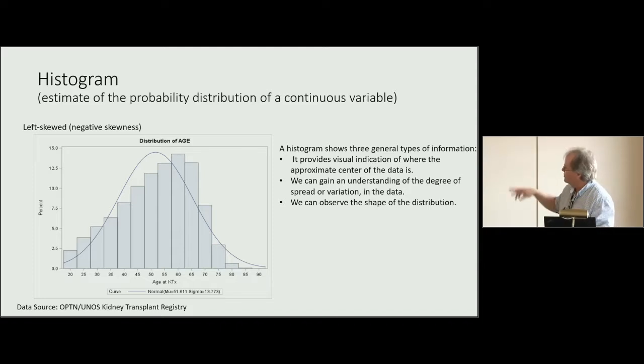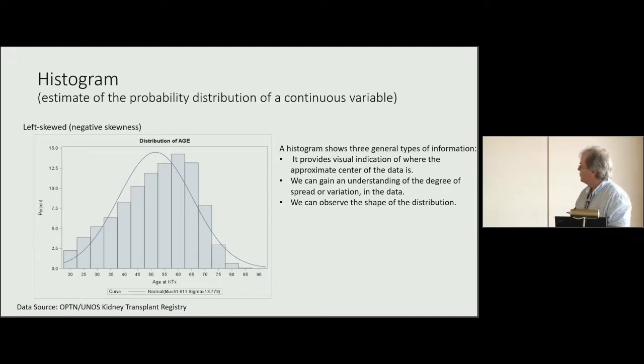I've actually superimposed what the theoretical normal distribution would look like, that curve there, if we have a mean of 51.6, which is the mean age, and a standard deviation of 13.8 years. So that's theoretically what that normal distribution should look like. Because remember I told you there's an actual formula. I can plug the mean and standard deviation in, and I can draw that curve over the range of my values. So this is just an example of what a histogram could do.